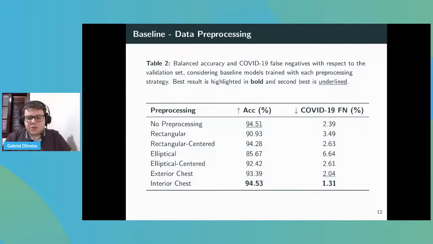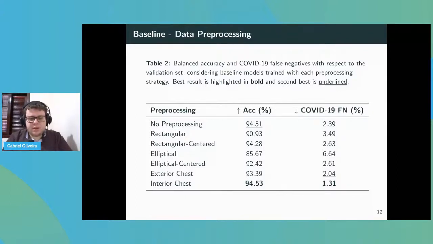It's important to use this metric because when a patient has COVID-19 and the model predicts that this patient has no COVID, it's very bad, because the patient has the disease and goes home. Using these two metrics, we evaluate our preprocessing techniques.